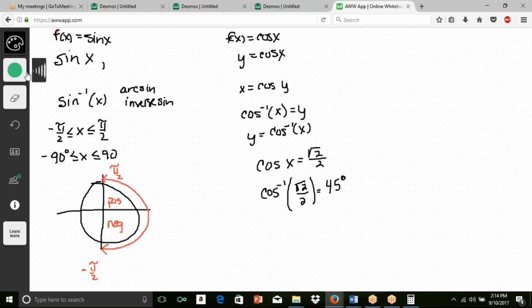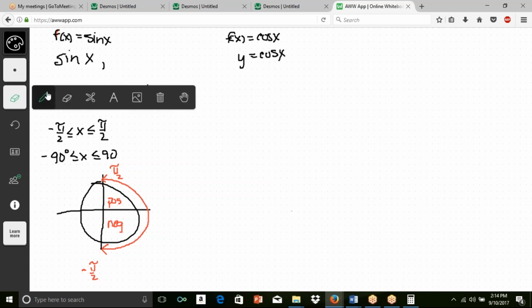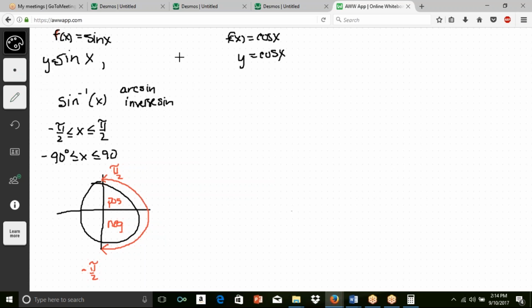I will erase all of this first. So this is what I got. f of x equals cosine of x, or y equals cosine of x.